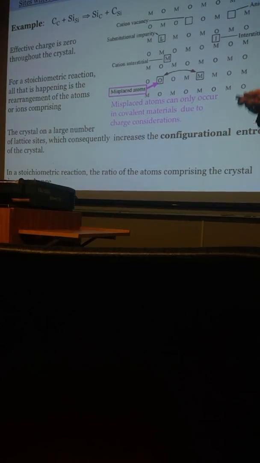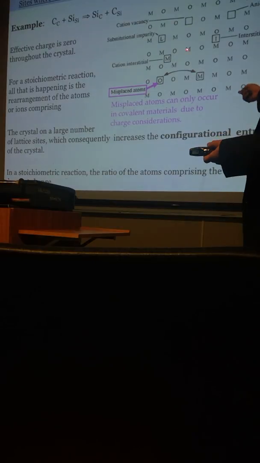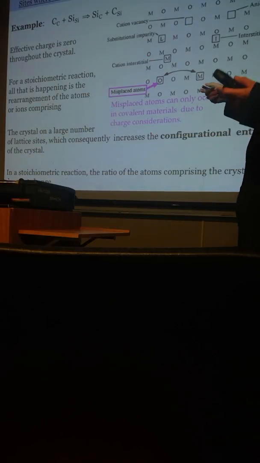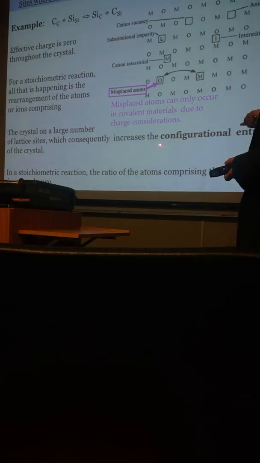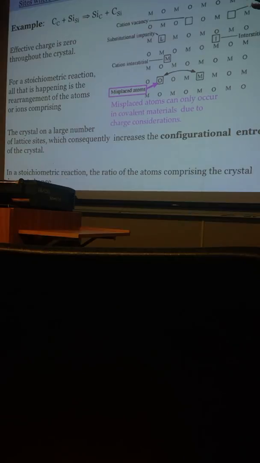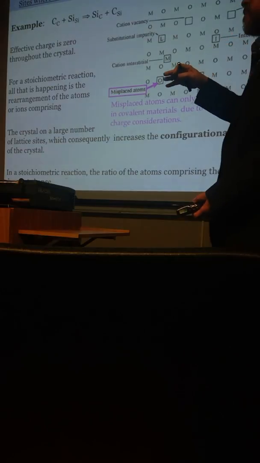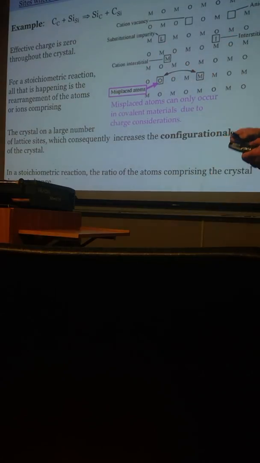it happens, which means something is energetically stabilizing this situation. What is it? It is the configurational entropy. Entropy is increased. Remember the configurational entropy? Configurational entropy is basically how many ways atoms can be placed in a certain specific site.